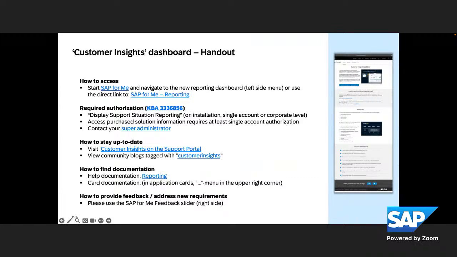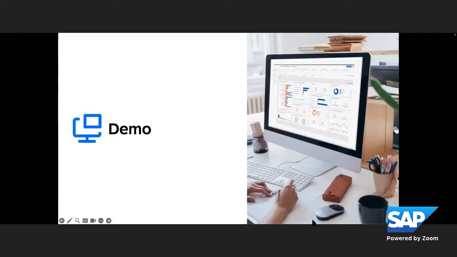In these slides, you will find all the information: how to access the new tool, where to find the information, where to find the documentation, how to provide feedback, and so on. This can be downloaded later, and if you have any questions, just look at this quick sheet, and you will be supported.